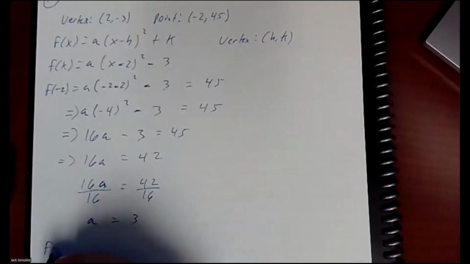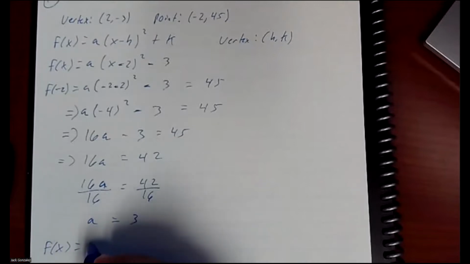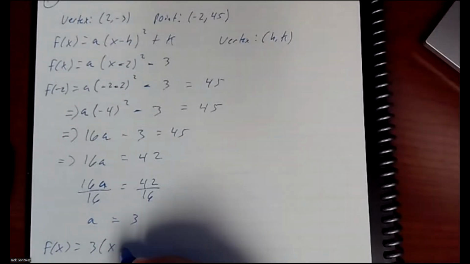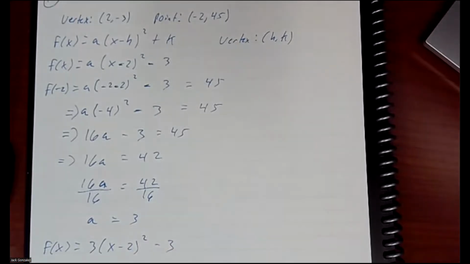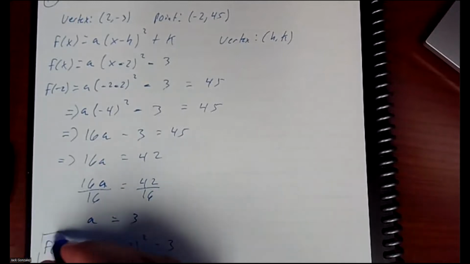So final answer, f of x is equal to 3 times (x minus 2) minus 3. This is the standard form they're asking for.